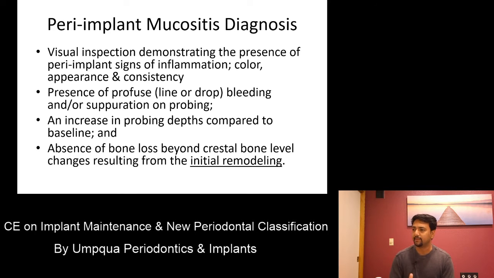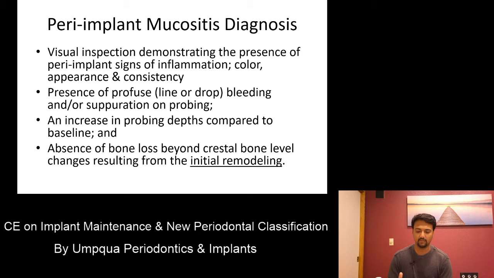Later on you'll see probing depths around implants of about 6 millimeters or less, which is higher than a natural tooth, because the arrangement of the collagen fibers around the implant is different than a natural tooth.